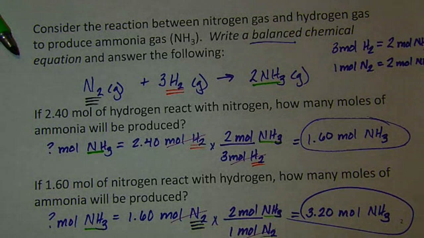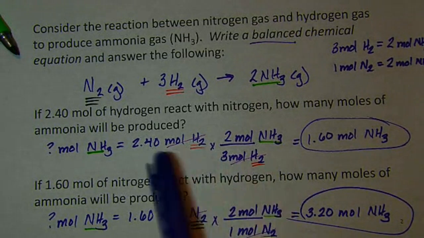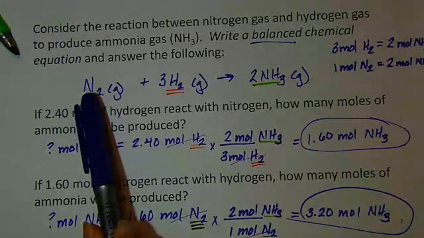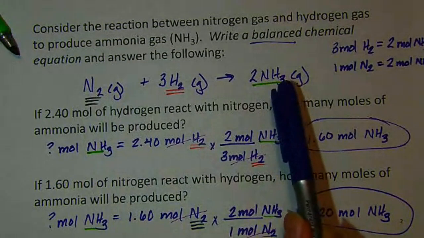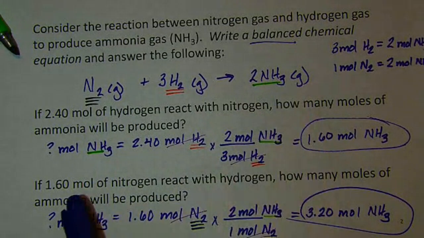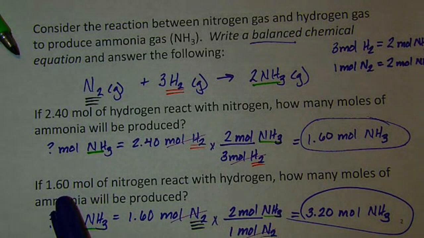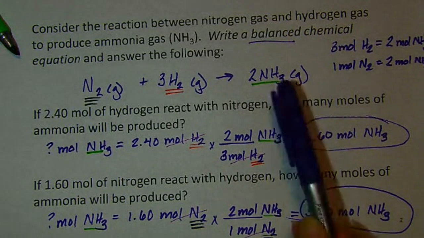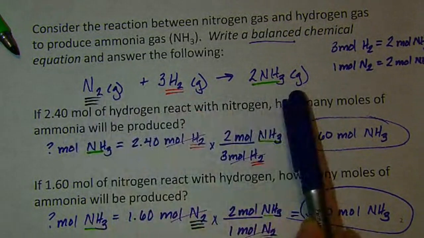Now it's always good to go back and check your work to see if it makes sense. My reaction is telling me that for every 1 mole of nitrogen that reacts, that's going to produce 2 moles of ammonia. Well, in this particular problem, I have a little bit more than 1 mole of nitrogen, so it would make sense that I would make a little bit more ammonia than what my recipe tells me.